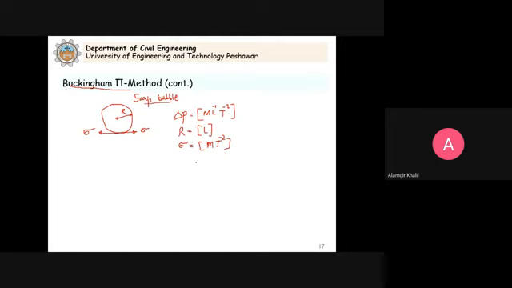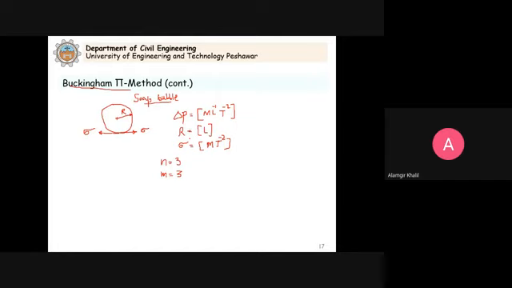Now you can see that we need to calculate the number of variables in this problem. How many variables? 3. Next, you need to calculate the number of fundamental dimensions. You can see m is present, L is present, T is present. So m is equal to 3.